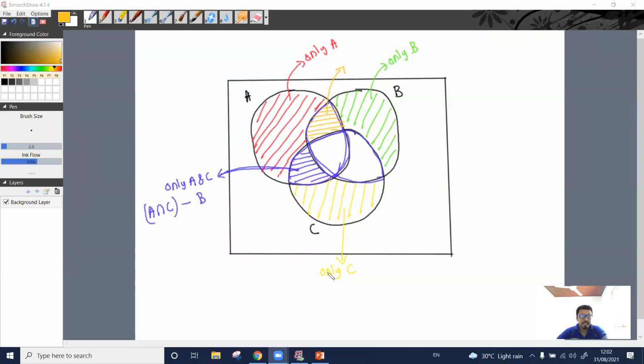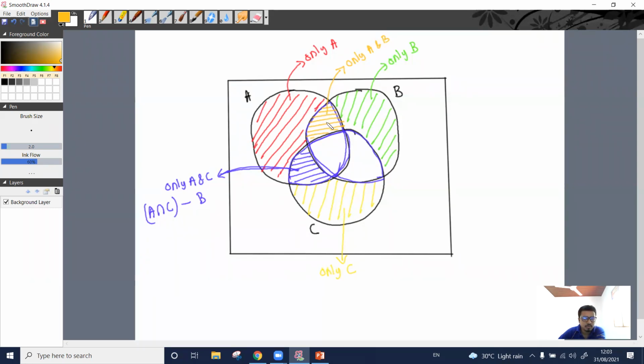Only A and B. Yes, this is the area that belongs only to A and B. See the difference between A and B and only A and B. If we say A and B, it means this whole area. But if it is only A and B, that means only this portion.